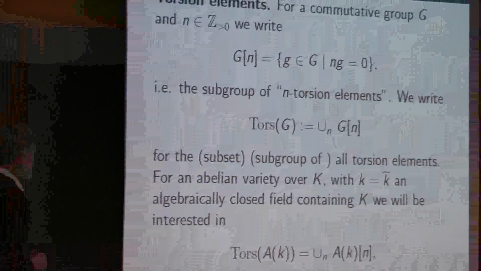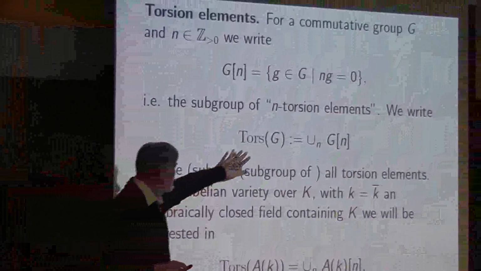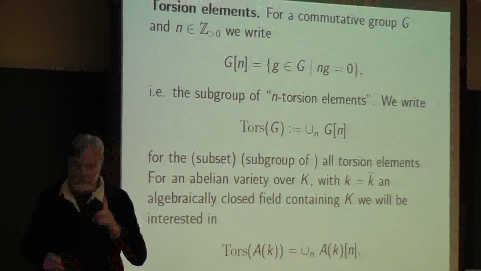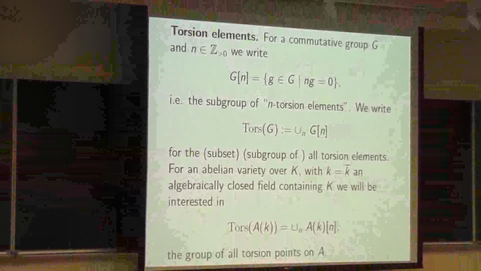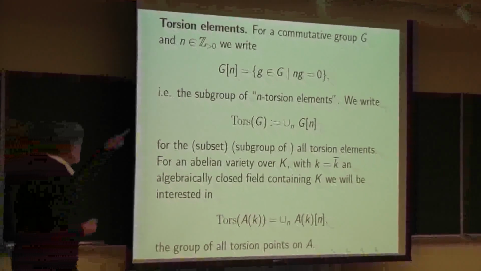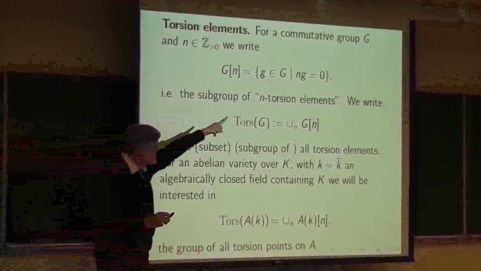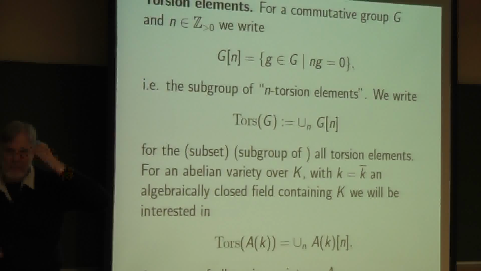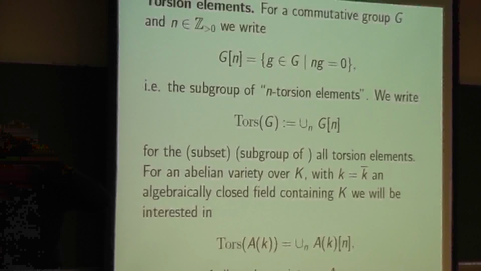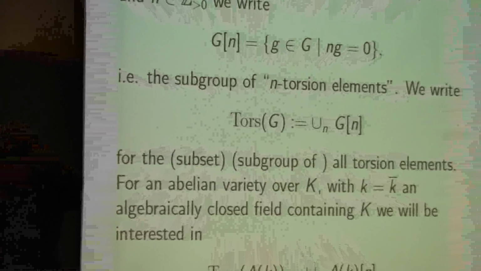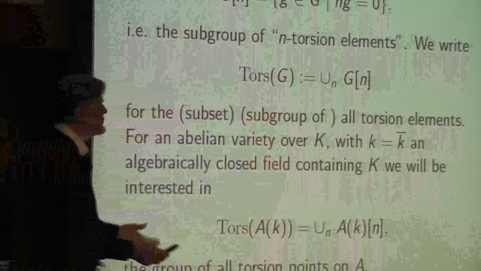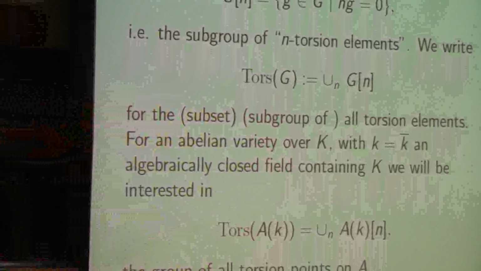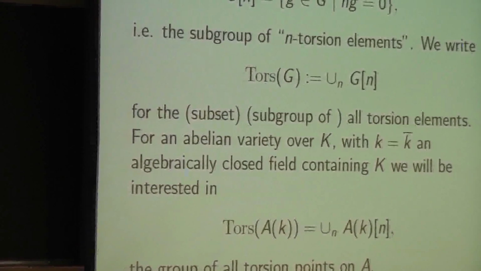I will introduce for you the name torsion point. So G is an abelian group. Mine is an abelian group, otherwise it doesn't make much sense. And I take, for G[n], all points annihilated by n. Torsion dividing n. And the union of all the n-torsion is called the torsion of G. And because the group is abelian, the product of two torsion elements, of course, is torsion.